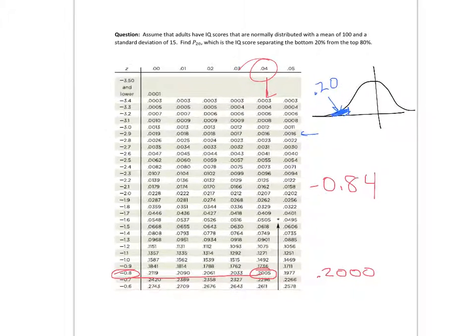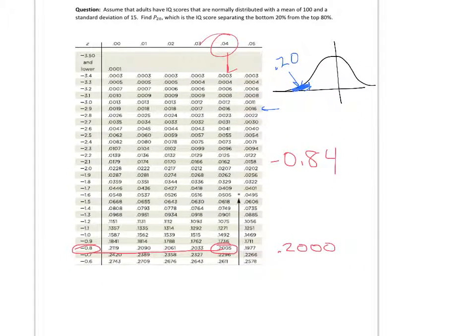Alright, so what do I do with that? Well, they've given me this other information, and remember we have this formula that z equals x minus mu over sigma, which is my standard deviation. Here I want to find the IQ score, so I'm looking for the x value.